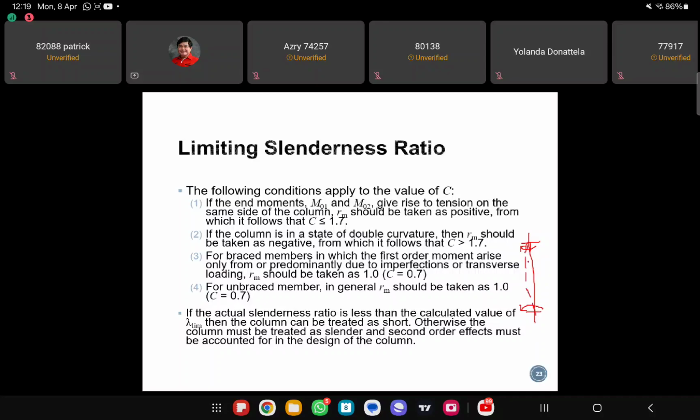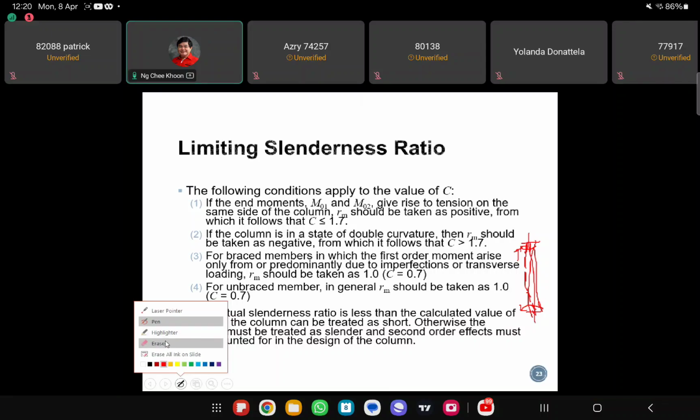This is what we call a single curvature also, because there is only one rotation of the curvature in this manner. So if your column bends this way, this side will be in tension. The column here will be in tension on this side. Okay, let me draw the column properly first.